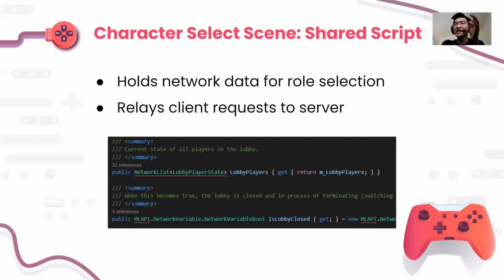Basically, as I said before, the shared part needs a corresponding one-to-one thing between the client and the server, so this shared data has to be on the shared script in order for this communication to happen.